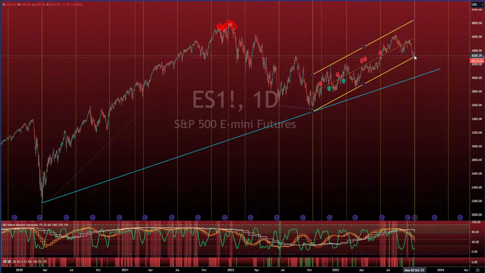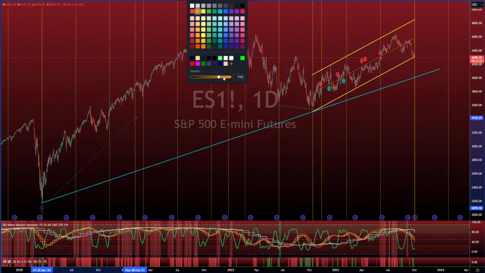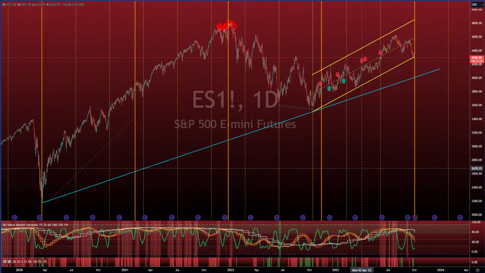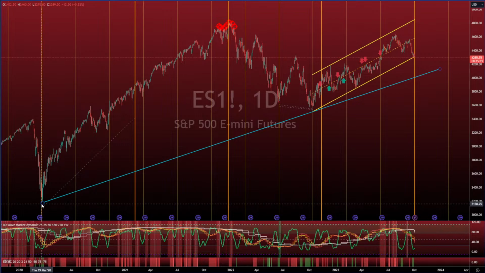Okay, so having said all of that, what I'm looking at here is a couple time cycles. I've got a time cycle here, which is this orange cycle. Let me go ahead and brighten this up a little bit just to show you all where this is. I've got this dominant pivot low down here, and then I've got a pivot up here, right?